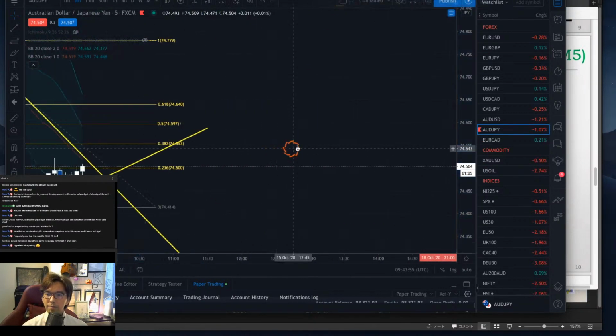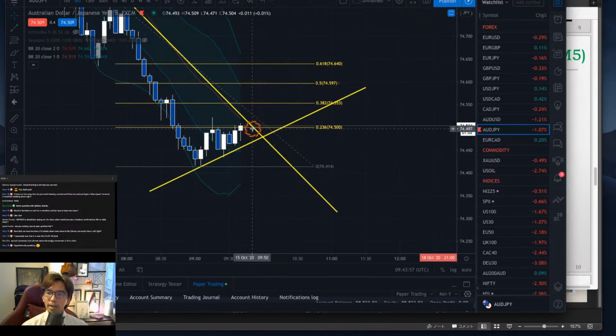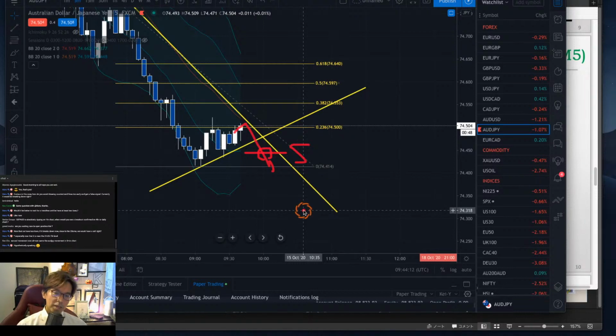And then, yep, if there's a 20 SMA resistance, a descending trend line bounce, and a counter trend line breakout, then I will take a sell here. But I will make sure to look at the stochastics also at that point.